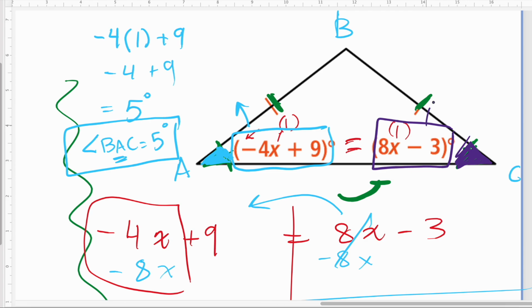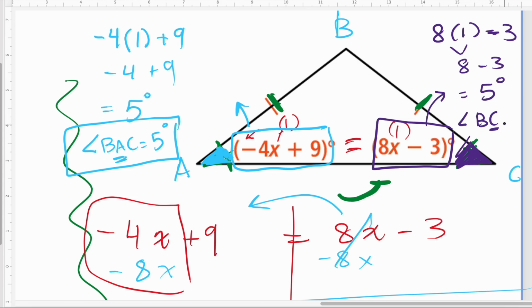Instead of x, substitute it by 1, because we found it as 1. 8 minus 3 is also 5 degrees. The measure of angle BCA is 5 degrees.